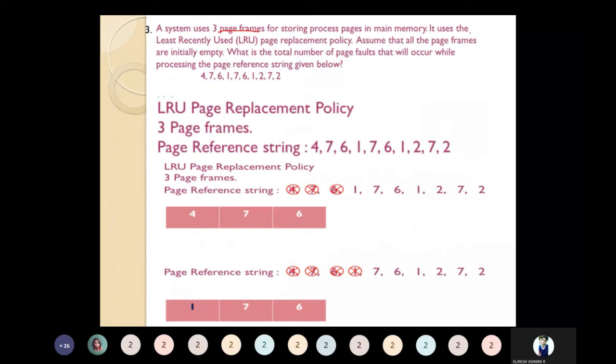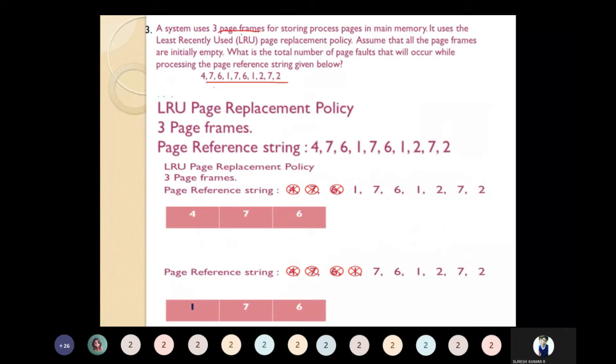It uses the LRU, that is least recently used, page replacement policy. Assume that all the page frames are initially empty. What is the total number of page faults that will occur while processing the page reference string given below? So the page reference is given here.